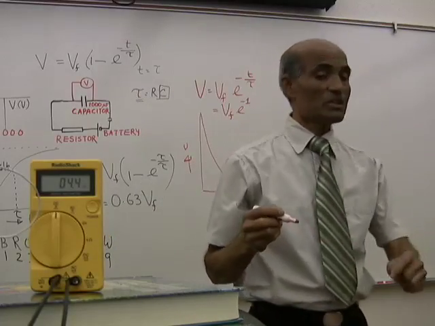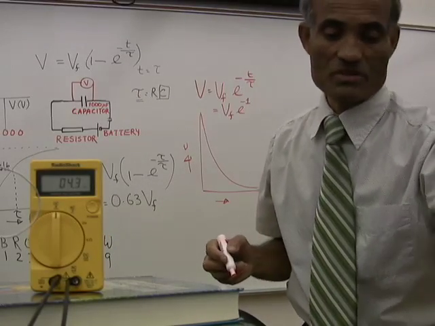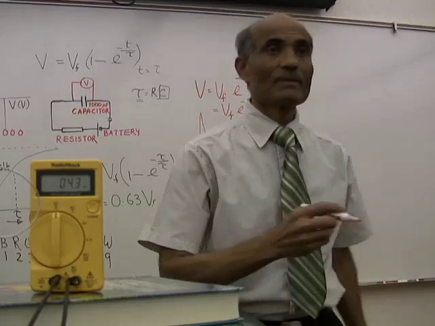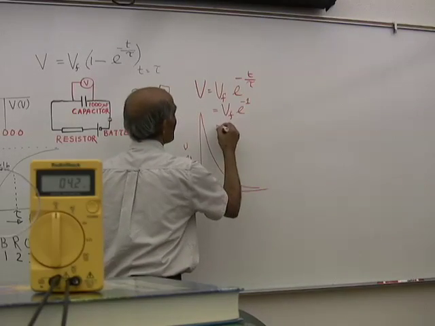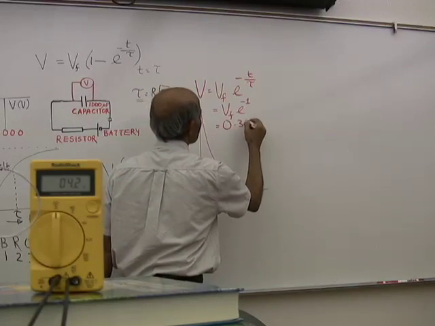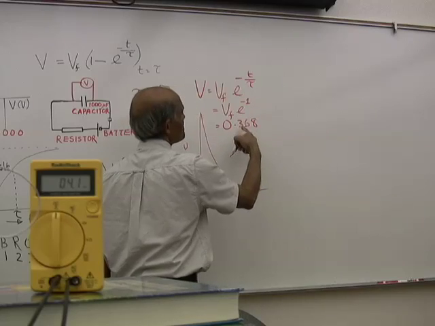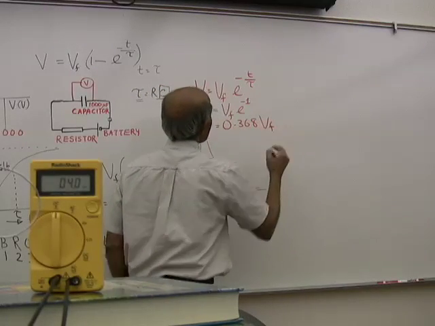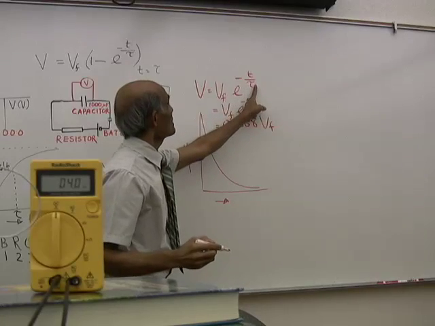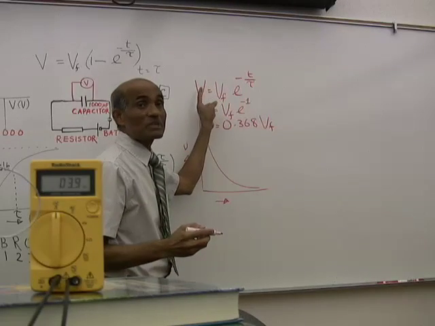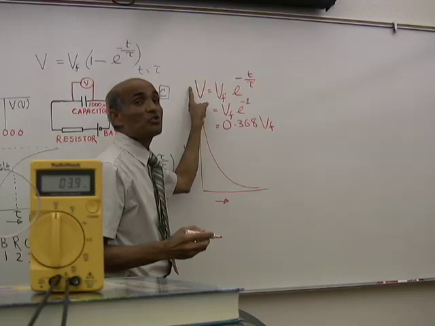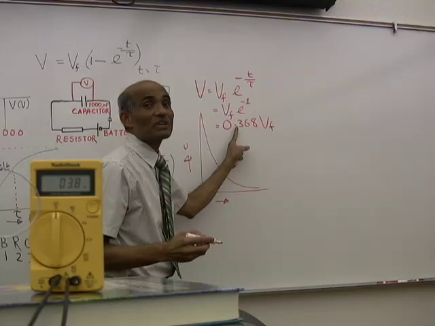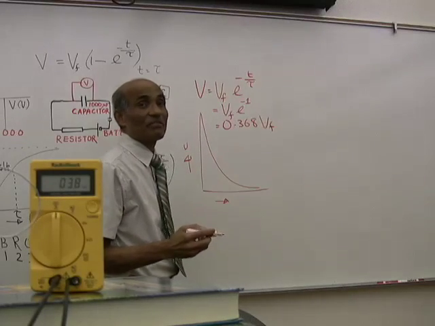And what is e to the power of negative 1? I think that will be 0.368. e to the power of negative 1 is 0.368, times Vf. So the time constant tau is the time taken for the voltage to fall to 0.368 of Vf.